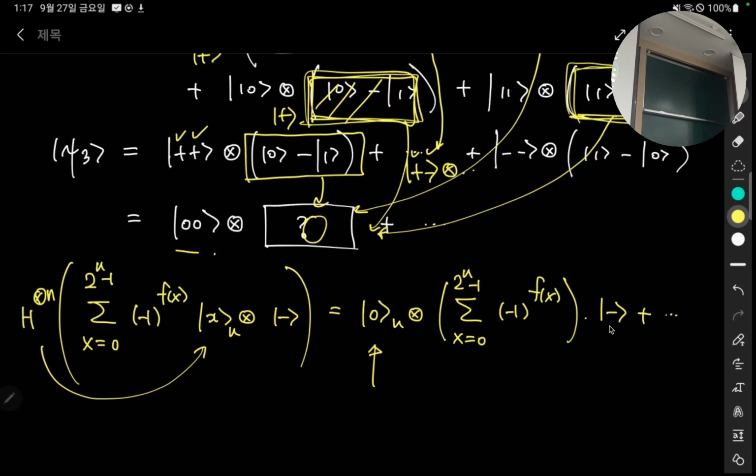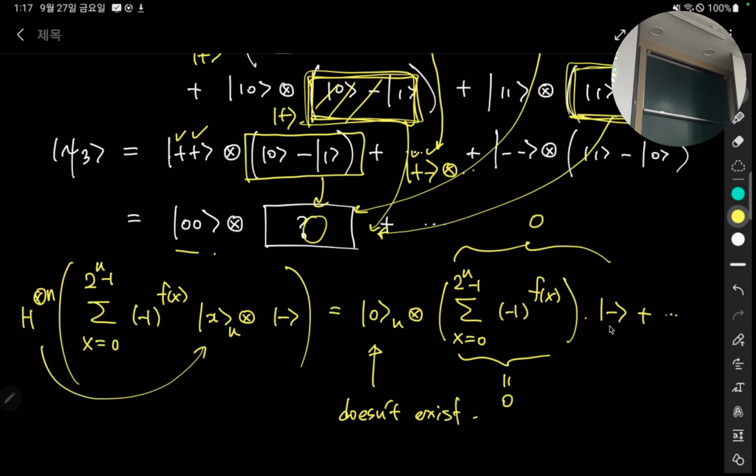But it turns out that if f is balanced, then this whole thing becomes 0. So this whole thing becomes 0 vector, 0 quantum state. So therefore, it doesn't exist. Okay? So I don't have to worry about, even if I see all the zeros after measurement of the input register, there might be a chance that f is not a constant.